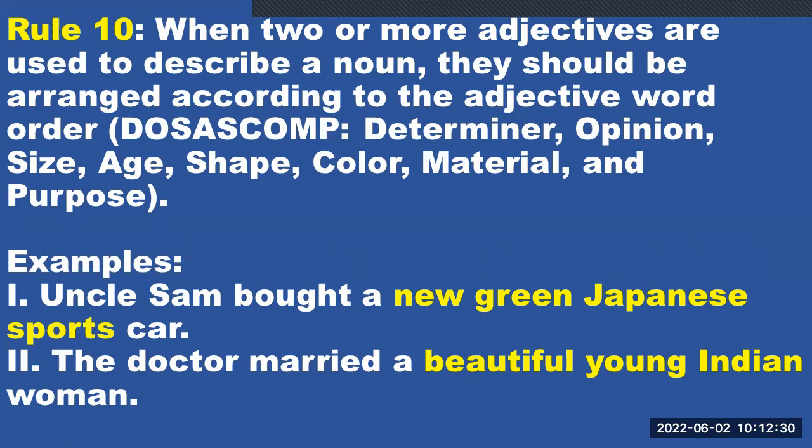All right. Okay, so then another example, the doctor married a beautiful young Indian woman. You cannot say young beautiful Indian, or young Indian beautiful, no. Or Indian beautiful young, no. You must arrange adjectives in their order of adjectives, all right?